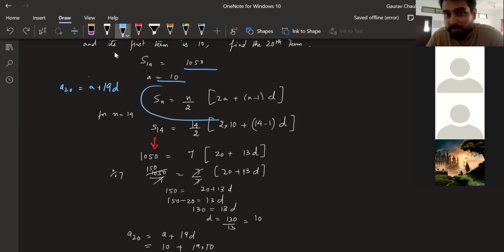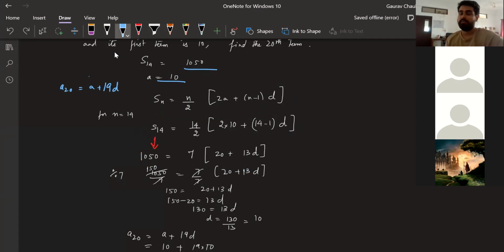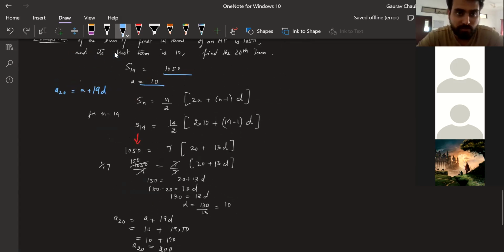Yes, the way is by using the sum of n terms formula. I wrote that formula down. I had the value for everything except for D, which became a linear equation, and I solved that. That's the second question, guys.